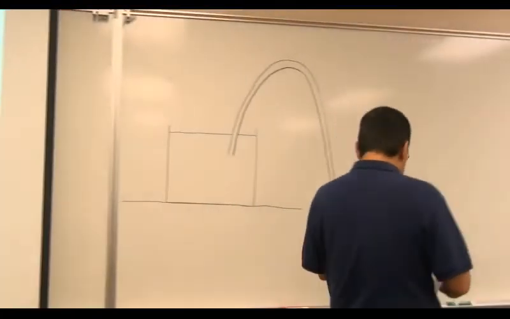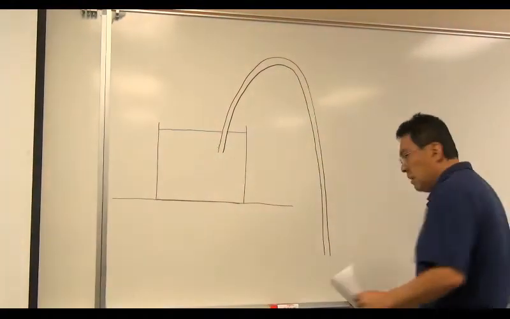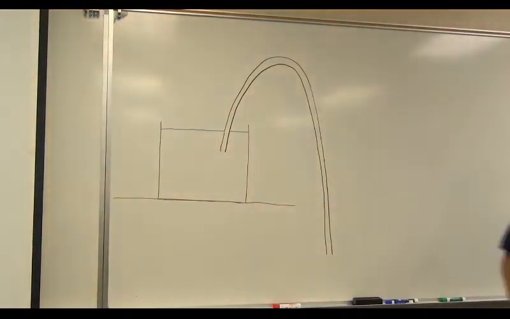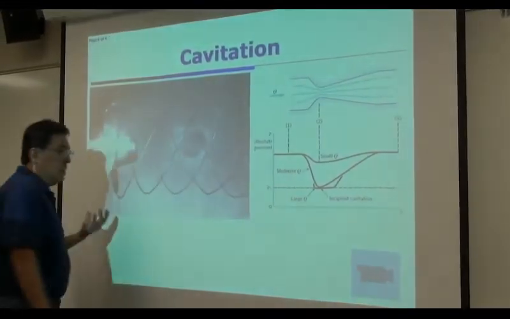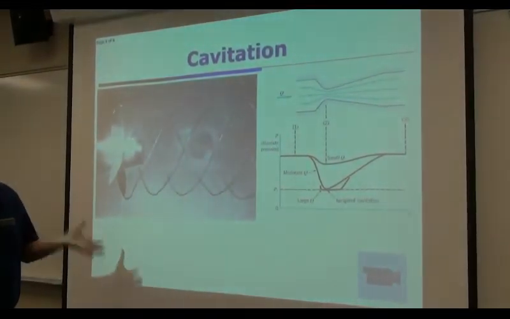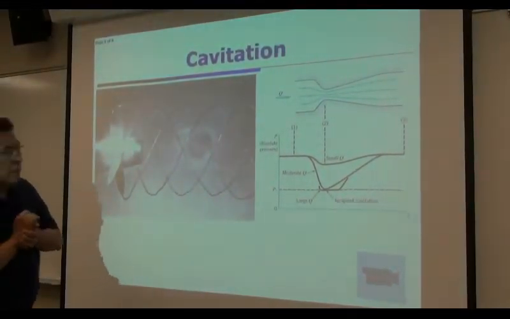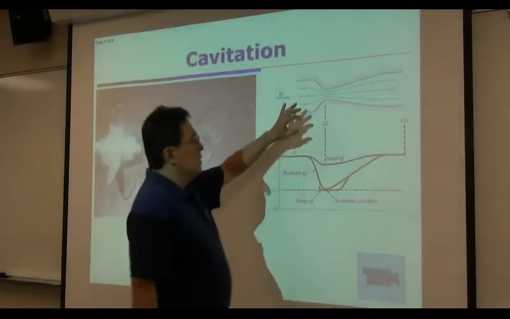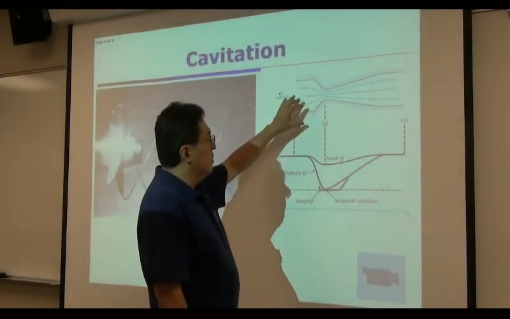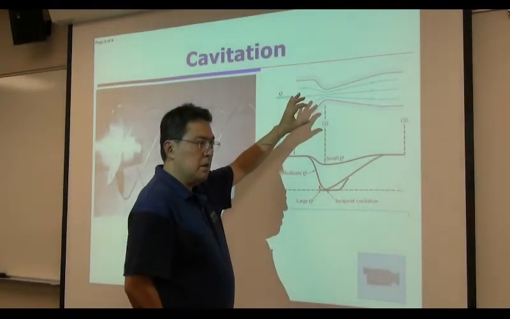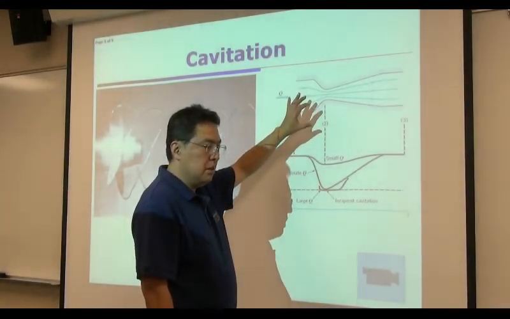All right. So once again, before we take a look at this problem, let's just go back one page and let's review cavitation. Cavitation sometimes happens when water becomes gas vapor. It is a change of phase.